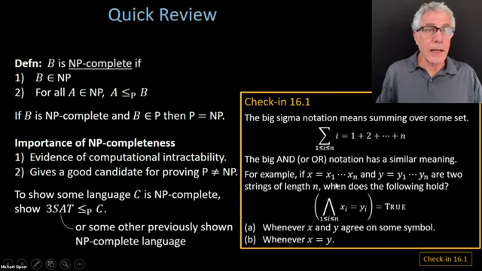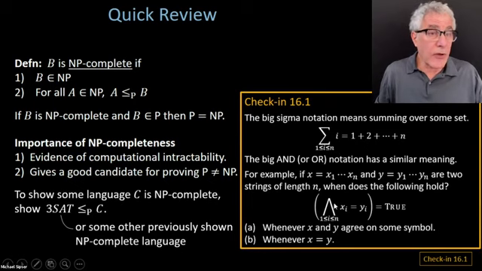So I'm sure you've all seen the big sum notation using a big sigma to represent a sum over some set of possibilities. Just as there is the big sigma notation, you can have other operations that apply to a set of elements.